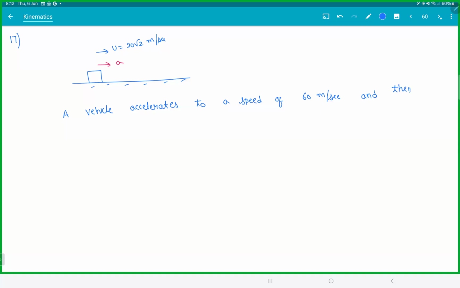And then, once you reach 60, the acceleration reverses. So once you hit the speed 60, suddenly this guy started reversing, the acceleration reverses. Means you can say applied the brakes or the engine started becoming reverse. Magnitude is same. Same magnitude, but that a became left now. Find the speed when it reaches the initial position.